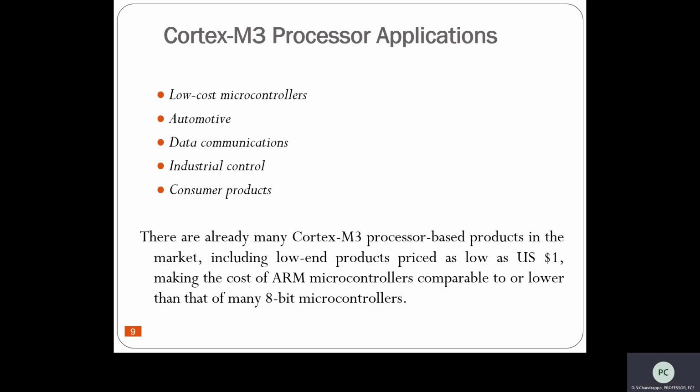So now I'll come to data communications. What do we mean by data communications? Data communications means the processor's low power and high efficiency coupled with instructions in the Thumb-2 technology, and Thumb-2 is for bit manipulations, because the Cortex M3 supports bit manipulation instructions.